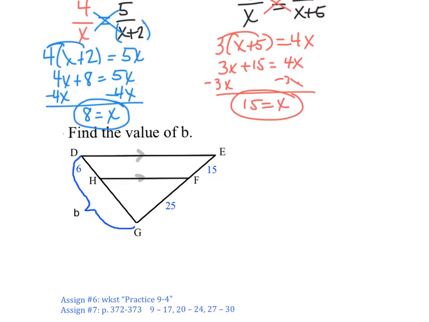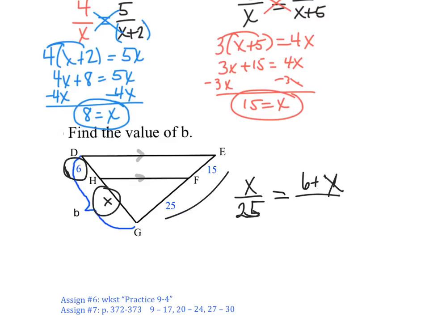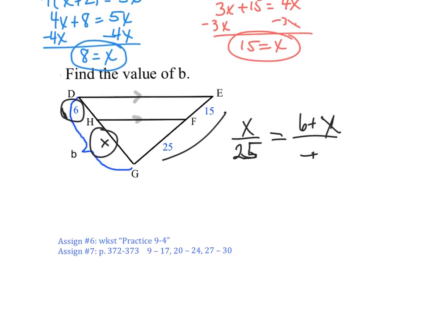So I'm going to call this part x. So I'm going to go x over 25 is equal to 6 plus x, because this whole side would be this small part here plus that x, over this whole side over here, which is 25 plus 15, which is 40.